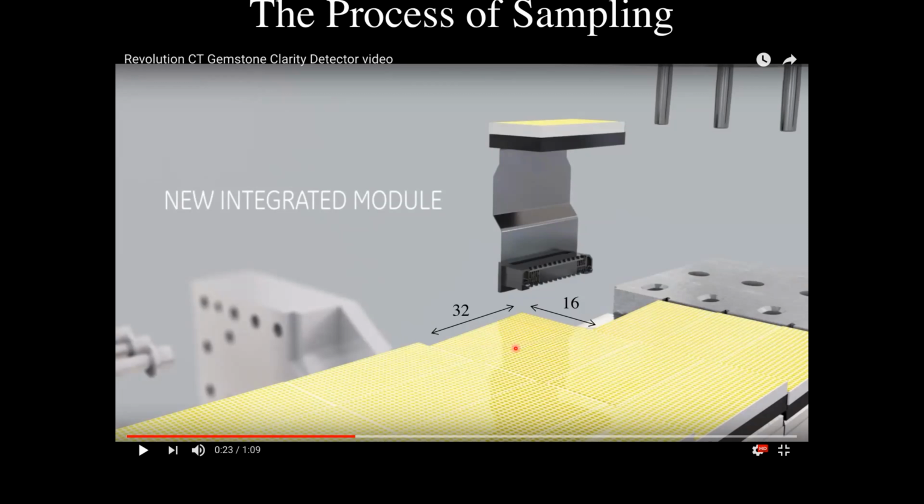So if I cut them in half in both directions, so now I have 4 detectors for each one of these, well, I need 4 times as many photons if I want the same number of photons in each detector element.